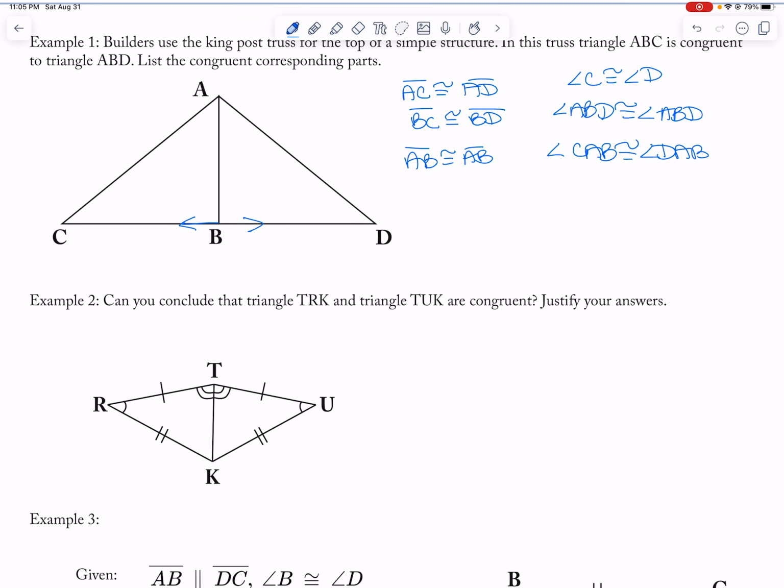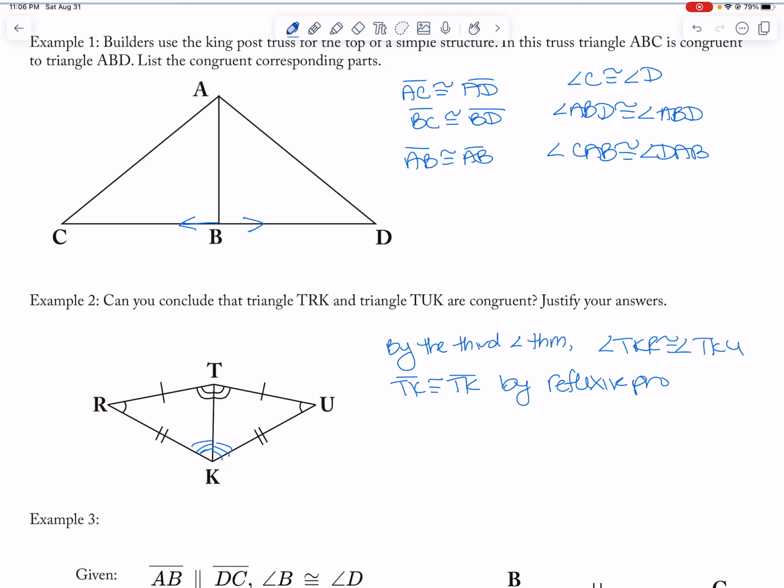So by the third angles theorem, angle TKR is congruent to angle TKU. Okay. So then we know that TK is congruent to itself by the reflexive property.